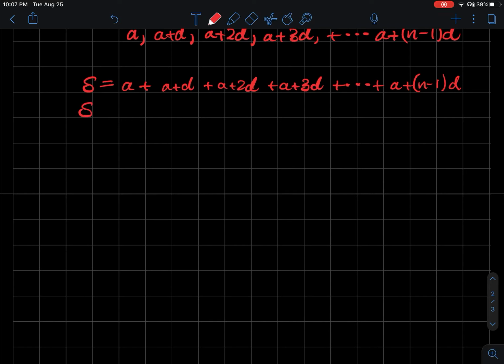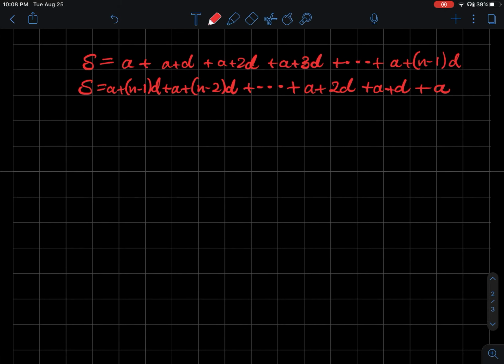We're going to just reverse this series, and we'll get a plus (n minus 1)d plus a plus (n minus 2)d, and I'm not going to write out everything, just going off until a plus 2d, a plus d, and a, right? Then we add these two equations. On the left side, we end up with 2s. On the right side, this is what we end up with.